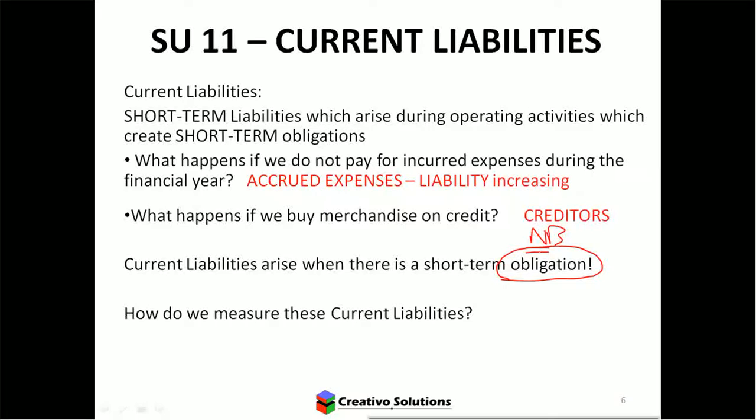How do we measure these current liabilities? So accrued expenses, it could be the credit card, it could be bank overdraft, it could be any creditor, any liability. So if I'm looking at a current liability, how am I going to measure it? Any ideas?